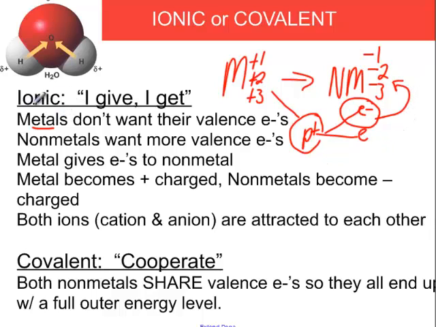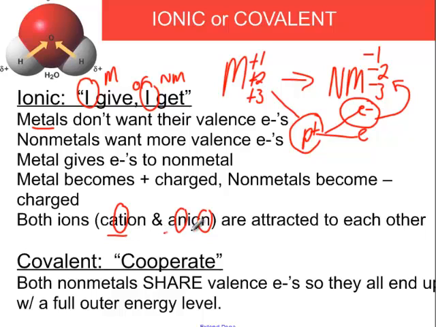So when we think about ionic, we should be thinking, I give, that's a metal, or I get, that's a nonmetal. So we have to have this kind of complementary system. The metals will give up electrons, the nonmetals get electrons. Now we call the metals a cation. Remember, a positive cation and a negative nonmetal.